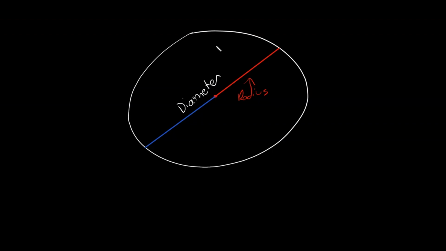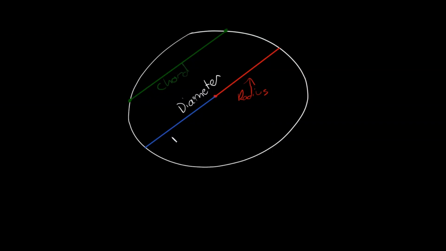And then if you were to have a line that did not go through the center but still goes from one side of the circle to the other, and now we'll draw this in green. So if we have this point here on the outside of the circle that goes to this point here on the outside of the circle, this is going to be called a chord.